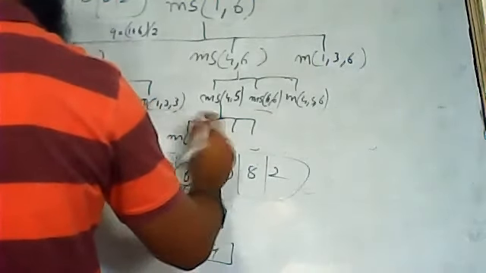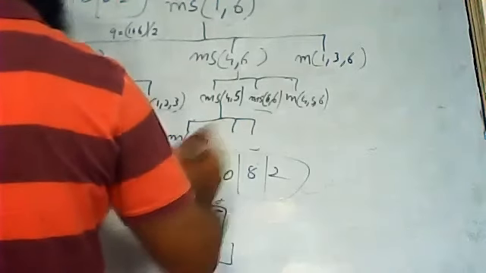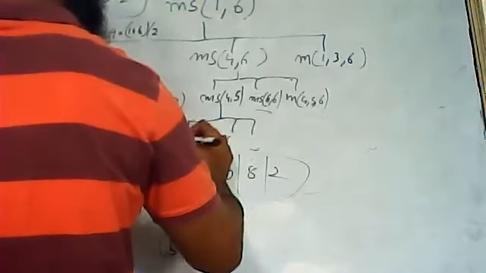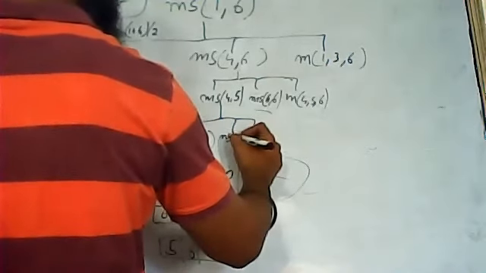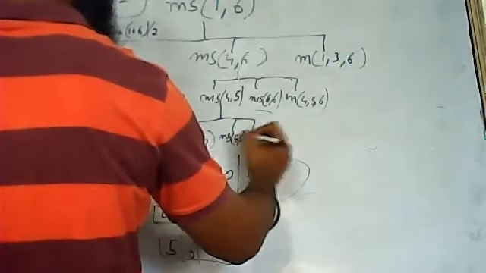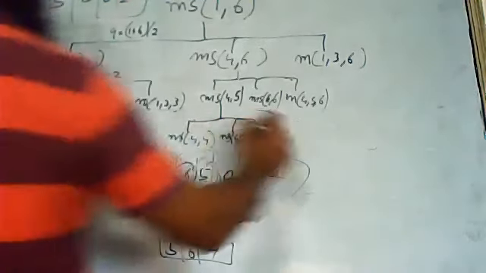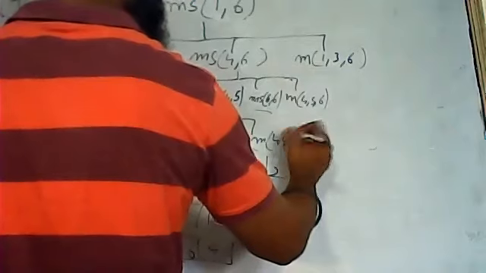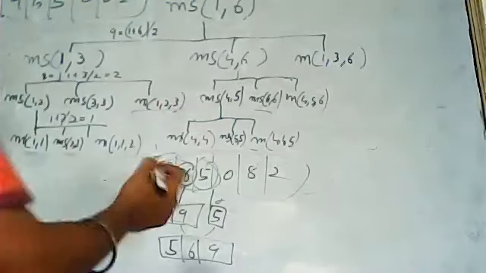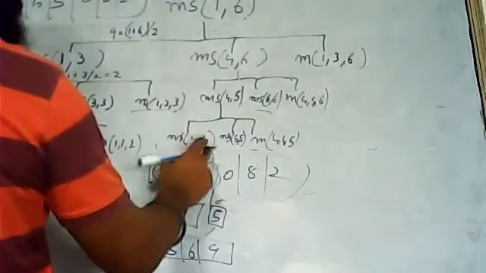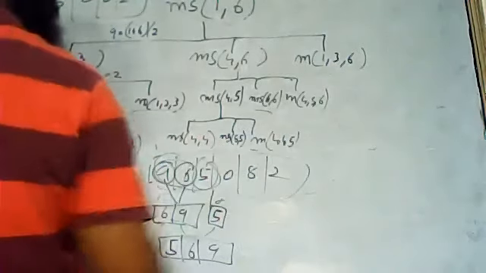Merge sort from 4 to 4, and then merge sort of 5 to 5, and the merge procedure from 4 to 4 and 4 to 5. So this is the merge procedure. Here recursion will end because P is now equal to R.